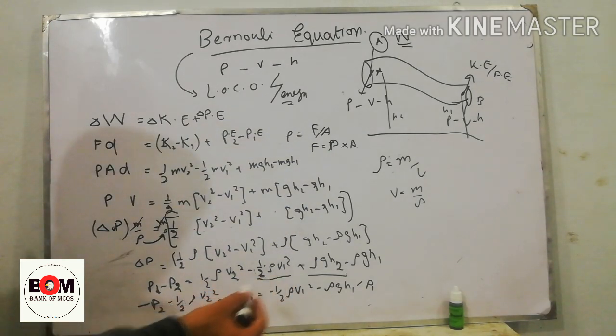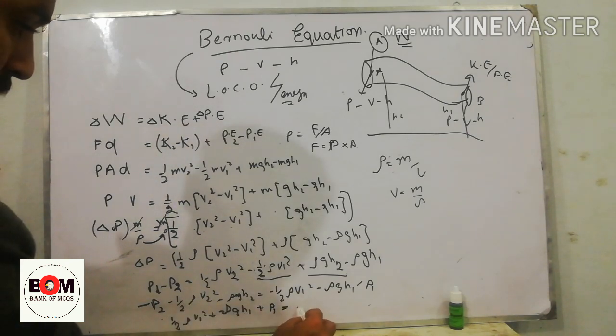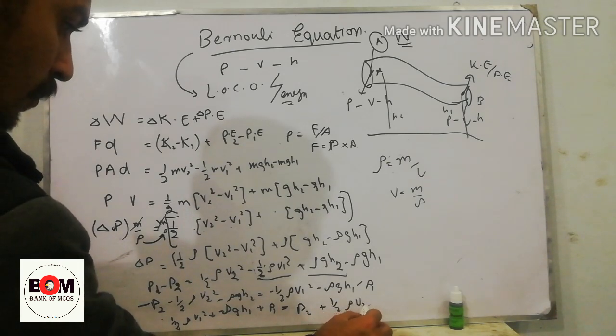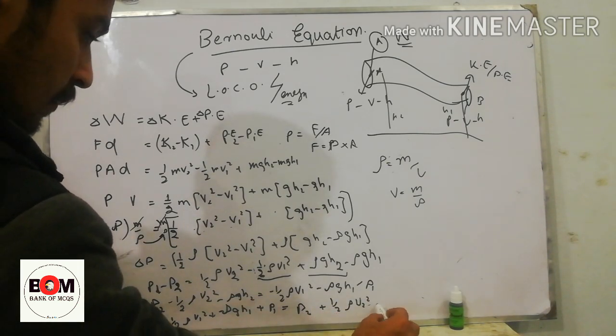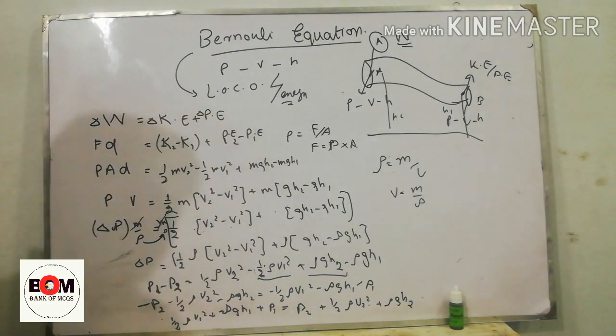Taking these terms on the right and those on the left, we get half rho V1 square plus rho g h1 plus P1 is equal to P2 plus half rho V2 square plus rho g h2. This is the Bernoulli equation.